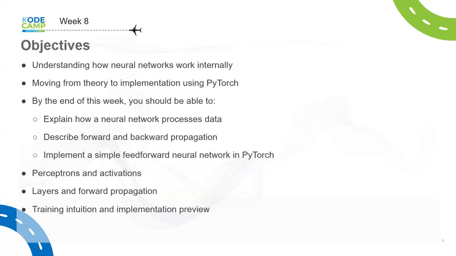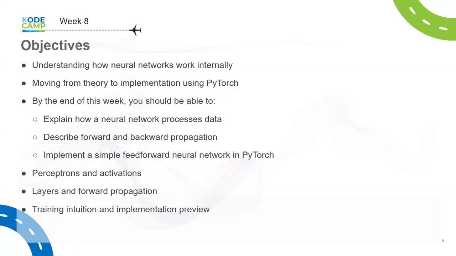You cannot just do a single training update for the weights or the parameters or the coefficients, for example, like in a linear model. So we'll also look at forward propagation, backward propagation, and then we'll do a simple feed-forward network using PyTorch.